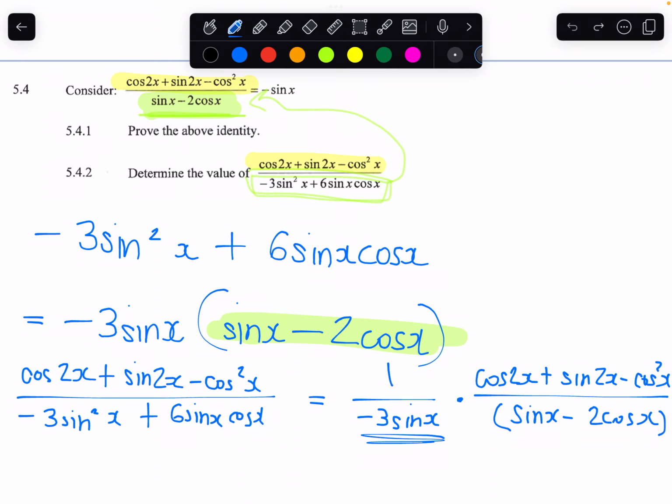Since we've shown that this is the same as negative sine x in the previous question, this is just the same as, I'm going to make the fraction negative because positive divided by negative is negative, times negative sine x.